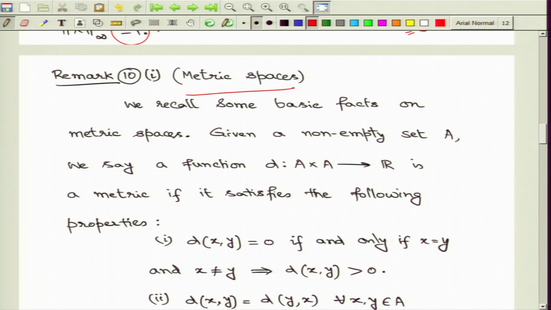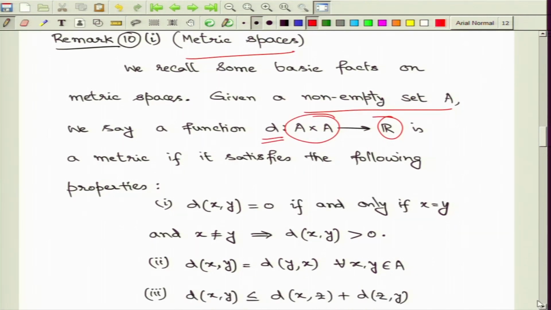Here what we do is that given any non-empty set capital A, we can talk about a distance function defined on that set. To do this, we work with a real valued function defined on A cross A. So, for any pair of points in the set capital A, we will assign a real number, but with certain properties.